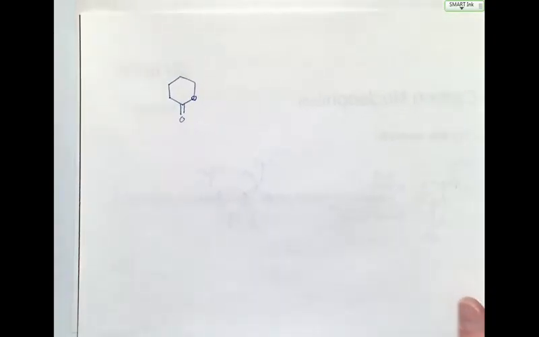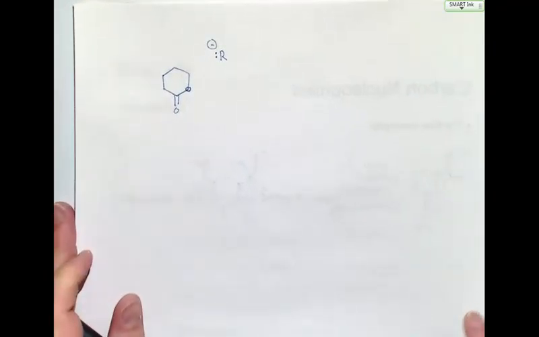Let's simplify it right now just by drawing that. So this is our ester, and we've got our Grignard reagent. I'm going to use an R Grignard, and we can just replace that with our R group when we go and redraw it.